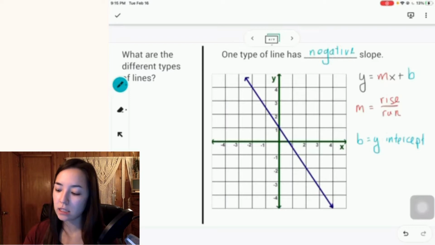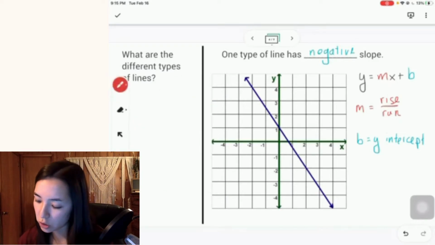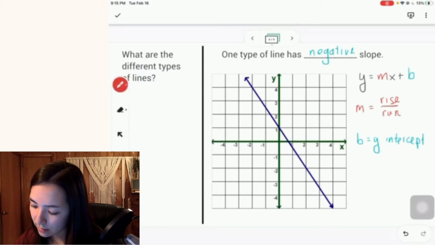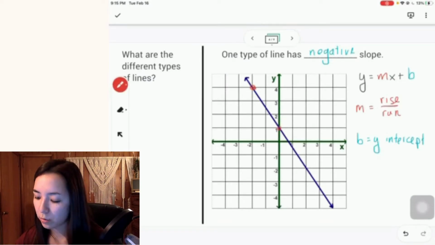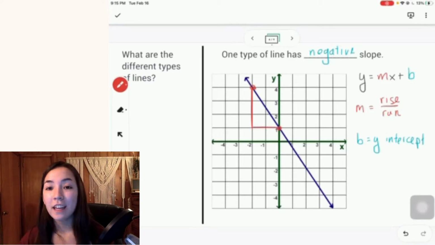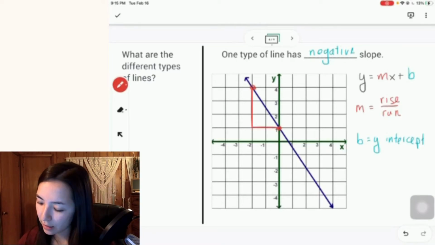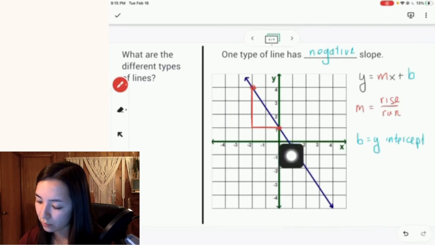Let's find our slope first. I'm going to pick 2 points, and I'm going to draw a triangle between them. If you look at our scale, we're counting by ones each time. 1, 2, 3, 4.